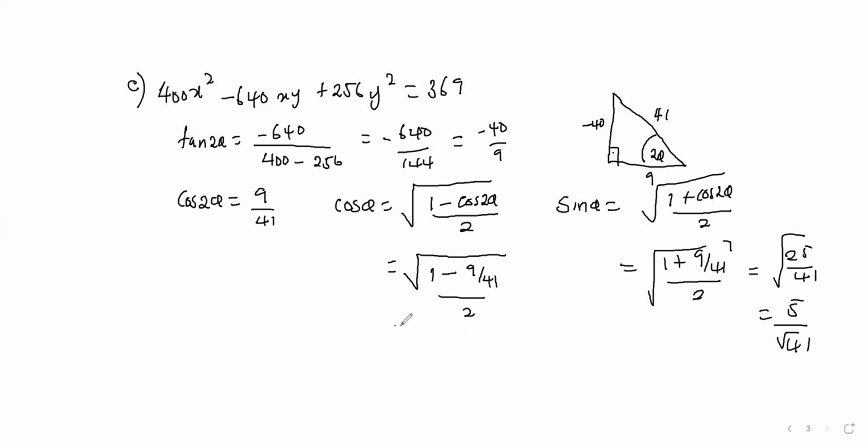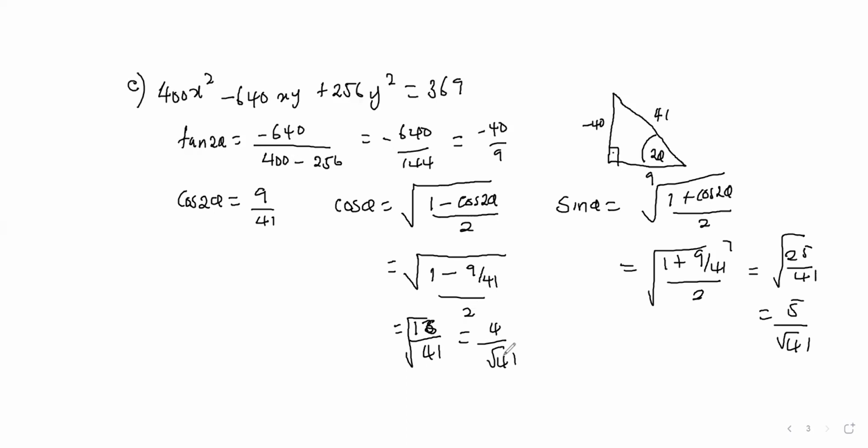And then this one, 41 minus 9 will give us 32. It's 32 over 40. So it will be 16 over 41, which is 4 over root 41.